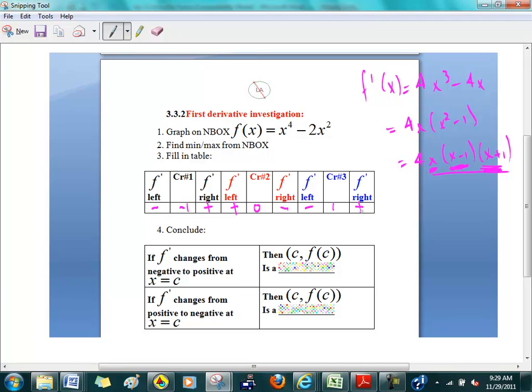Just a hint, the blanks have to have one of these two words in there.